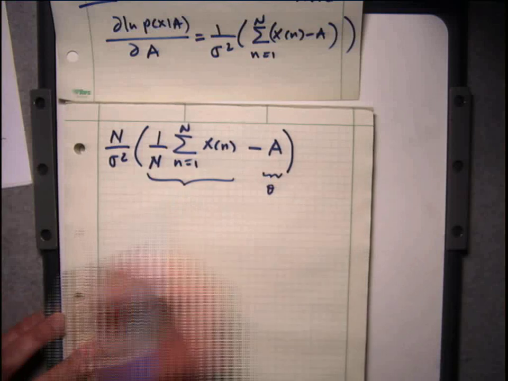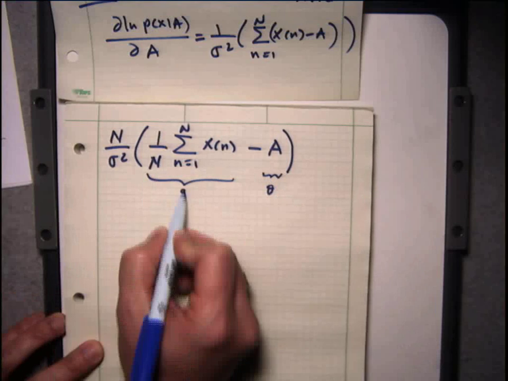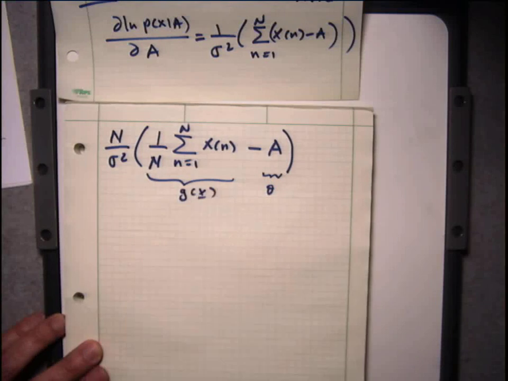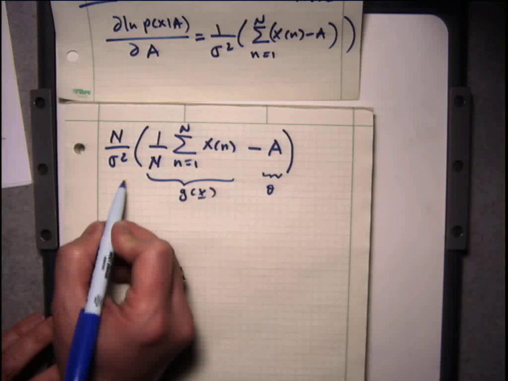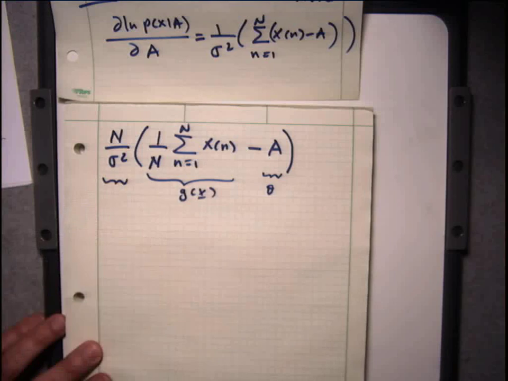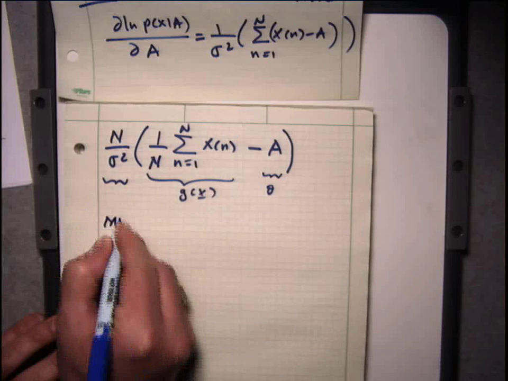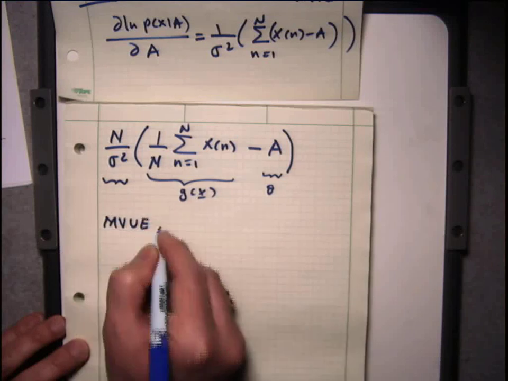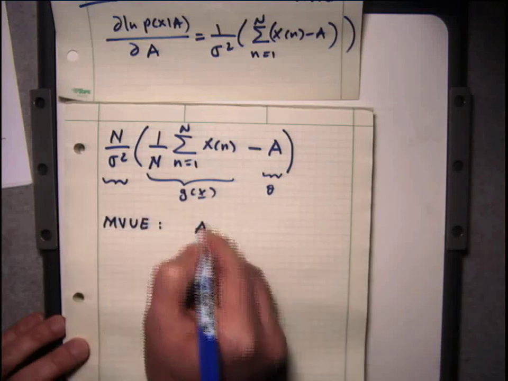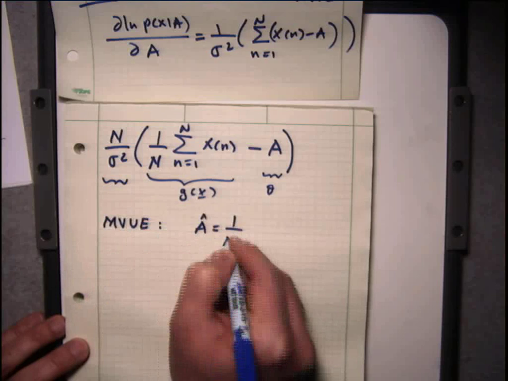This is only a function of the data. This is g of x. Okay? And it turns out this is in fact the Fisher information. So indeed, we have a minimum variance unbiased estimator in this case for A hat, and it is the average.